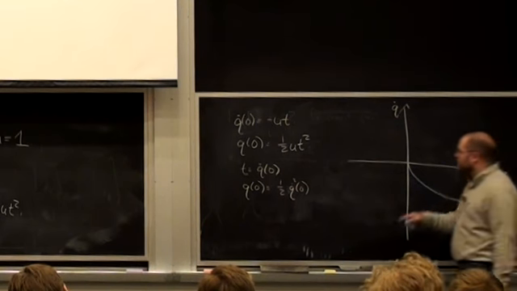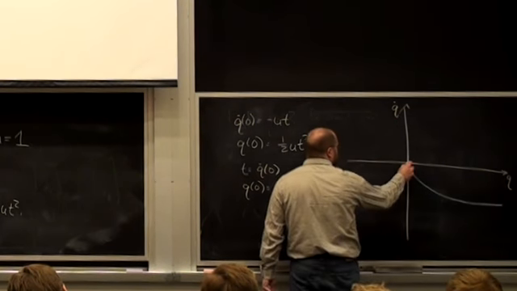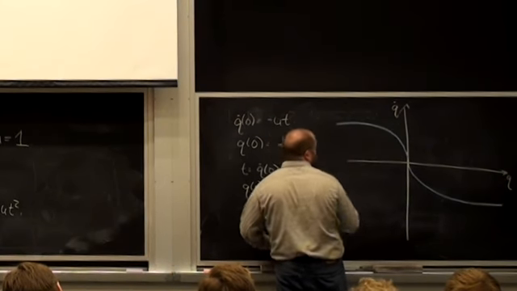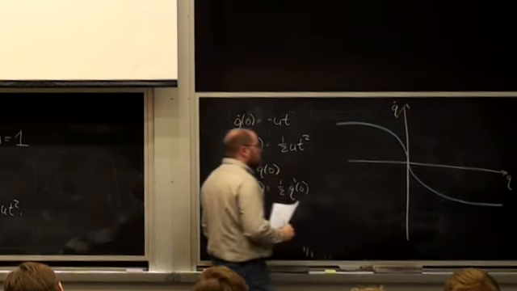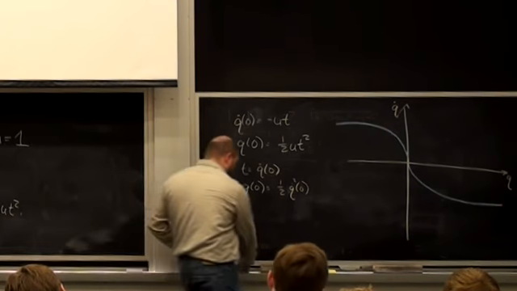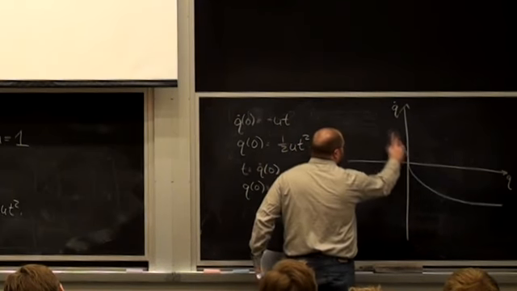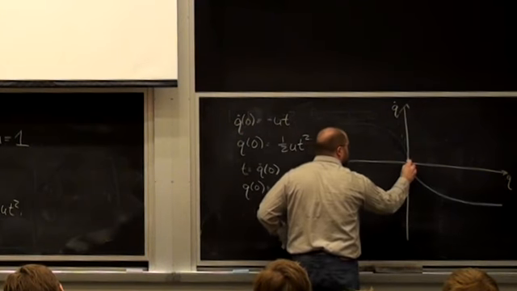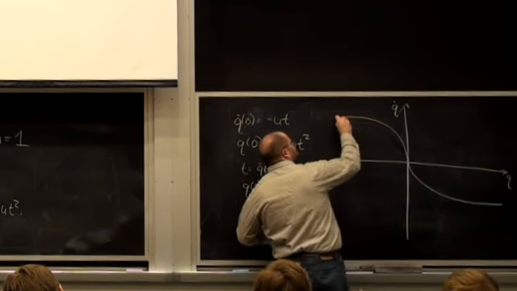If I think about the negative q case, I get a similar quadratic curve over here. Let me be a little more careful and make that one pink, because this is the u is -1 case.